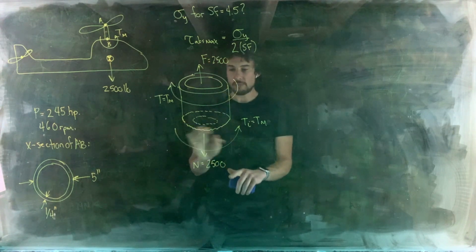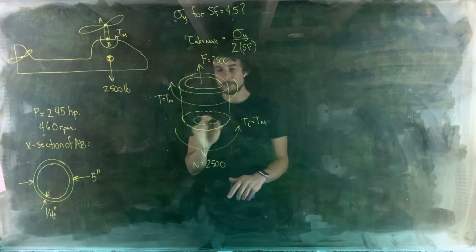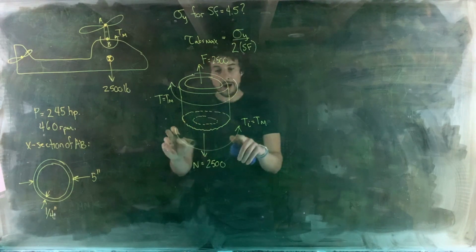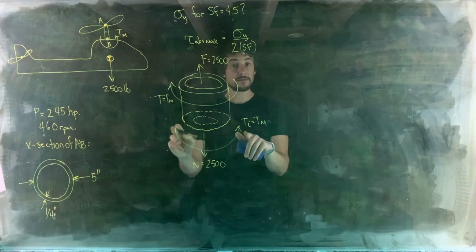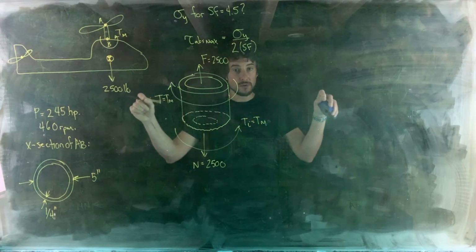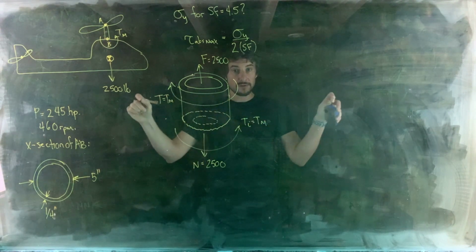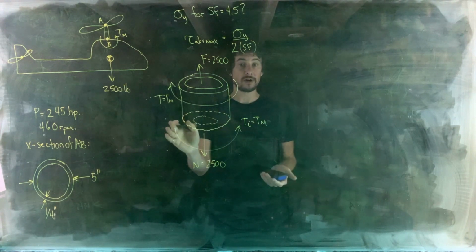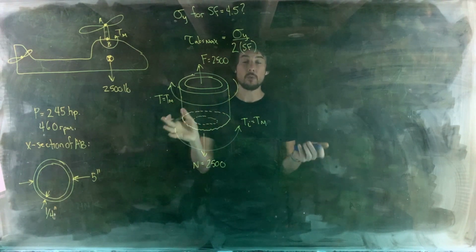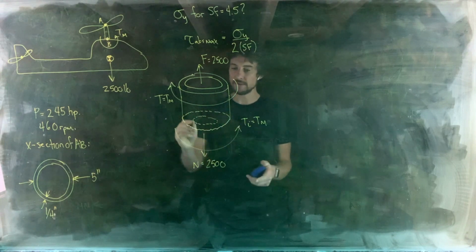So that doesn't help in determining which point we want to take. We could pick any point that we wanted. The torque, however, we know that shear stress from a torque increases as we move outwards to the circumference of the shaft. So all points on the circumference are going to have the greatest shear stress. So we want to pick one point on the circumference.